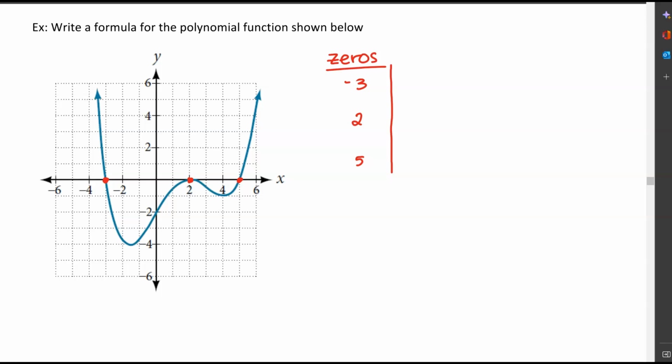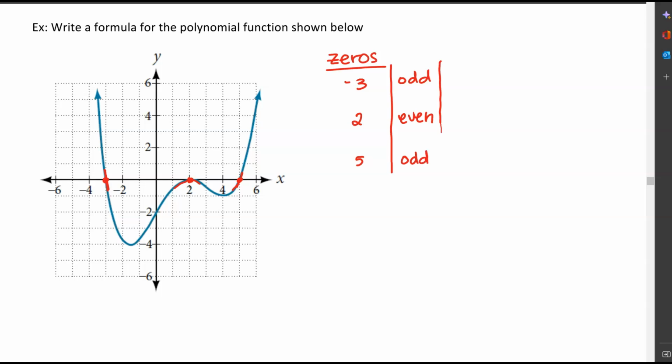Okay, and so are they even, odd? Because at -3 we are crossing, this tells me we have an odd degree. At 2 we are bouncing. This tells me we have an even degree. And at 5 we are crossing, so we have an odd degree.